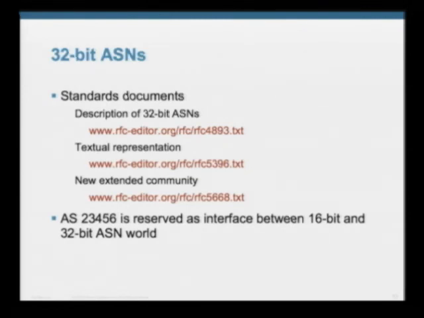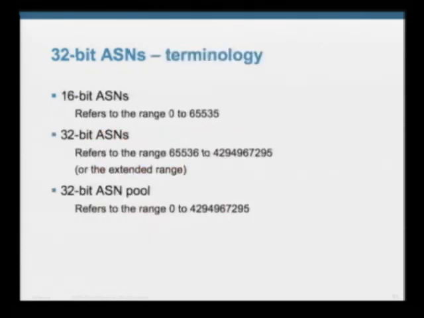As I said at the start, AS23456 is reserved as the interface between the 16-bit and the 32-bit world. So those of you who are using BGP on older routers or older software are probably wondering what all these 23456s are appearing. Guess what? That's your representation of the 32-bit AS numbers that are now being used.